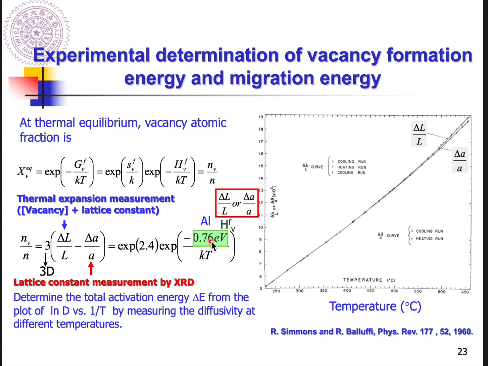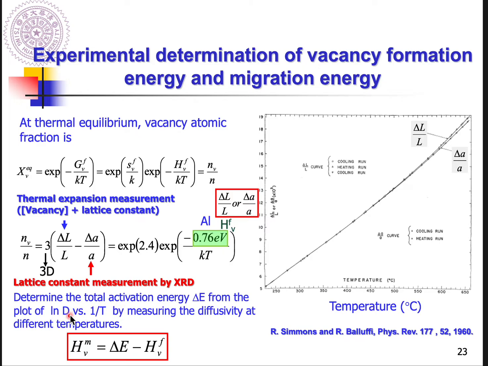And as long as you know the vacancy formation energy, as we mentioned, you can get the delta E by measuring the self-diffusivity at different temperatures, right? For example, you measure self-diffusivity at 5 different temperatures.